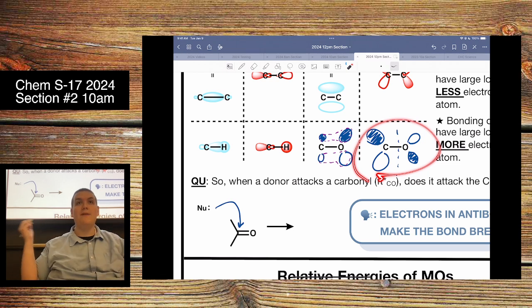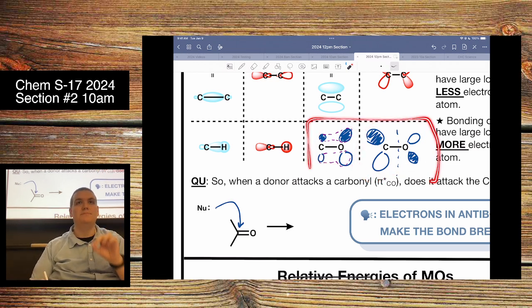Well, remember, when there's a pi bond and an antibond, these exist at the same time. But this is filled with electrons, and this is empty. And so the only one that we could attack is the pi star.